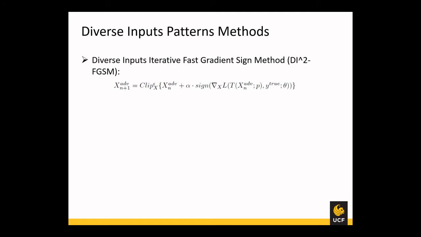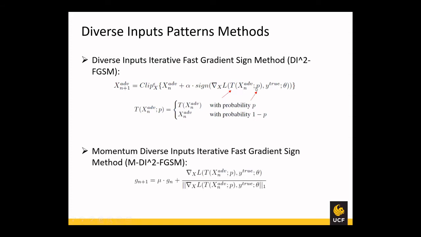And the only difference between DI squared FGSM and I-FGSM is that they apply random transformation to the input with the probability P. The second method they propose is the momentum diverse inputs iterative fast gradient sign method, which is different from MI-FGSM in that they apply this transformation with the probability to the input.